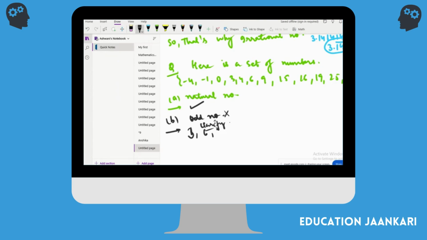Okay, then the third one is even numbers. Tell me the even numbers. 4, 6, 16, -4. Again, -4 is not an even number. -4 is a negative number, or we can say that -4 is an integer.